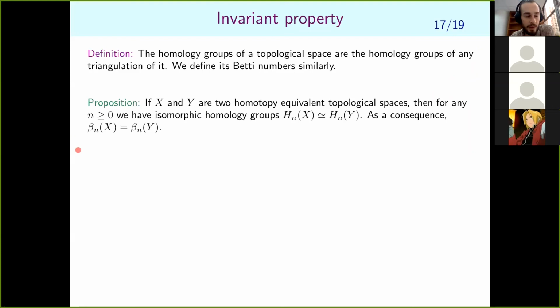And last proposition of today, if I have homotopy equivalent topological spaces, then their homology groups are the same. And as a consequence, their Betti numbers are the same. So homology groups are an invariant of homotopy equivalence between topological spaces.